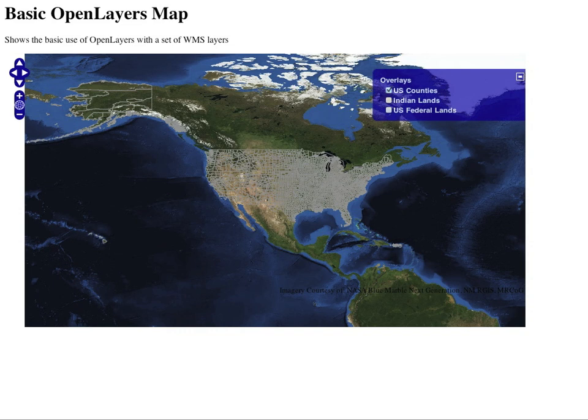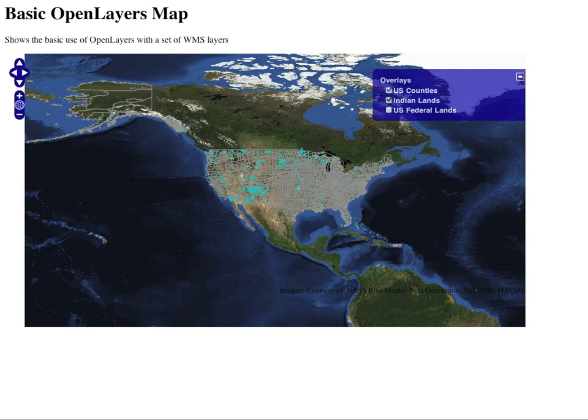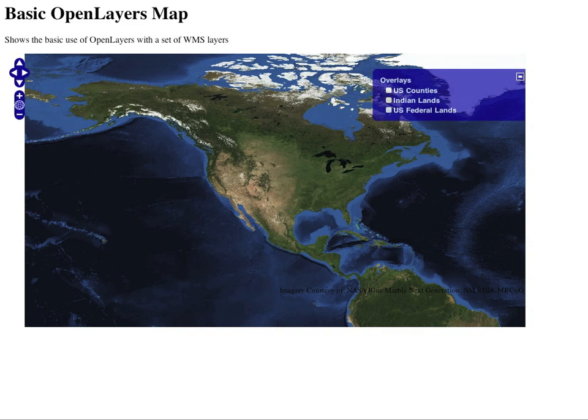We have then a U.S. counties, an Indian lands, and a U.S. federal lands layer. Each one of these are being provided by a WMS service. So we essentially, in this case, have 4 WMS layers that are a part of this particular mapping client.